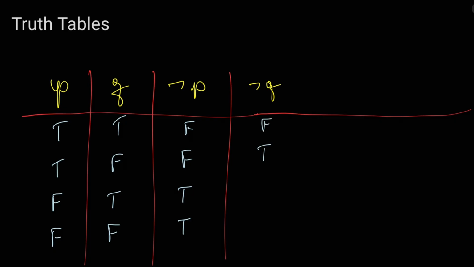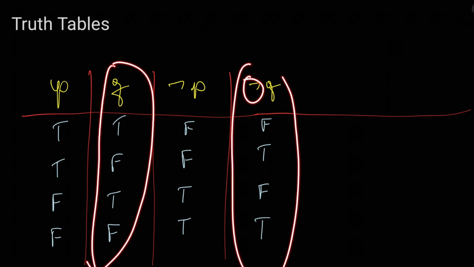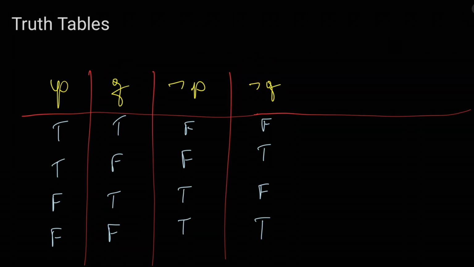If Q is false, then not Q is true. So all we're doing here is looking at values of Q and applying not to them, which is giving us this result.